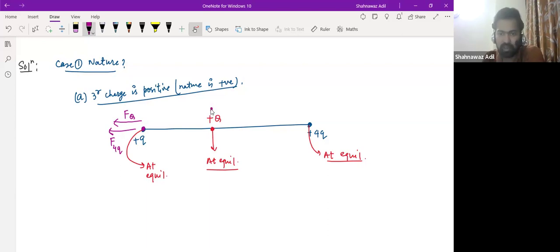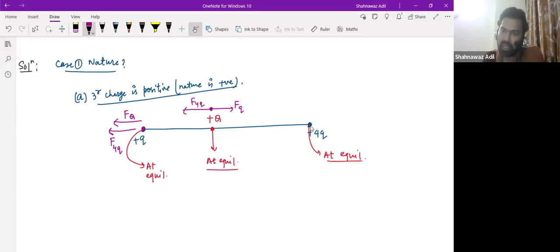It's right, because this will repel this thing, plus plus, so repelling. So this is FQ. Due to this plus 4Q on this point, it's left. So this is correct.